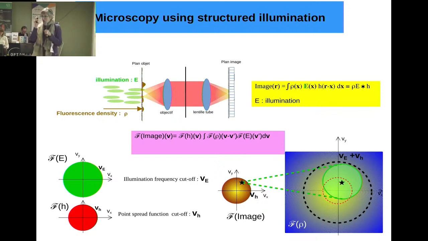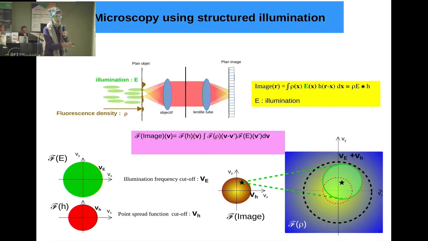So visually, what does it mean? If this is the frequency support of h, the point spread function, and if this green disk is the frequency support of the illumination, the frequency support of the image is the same as this one, okay? You take one frequency here on the image.